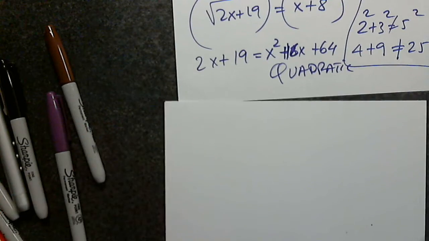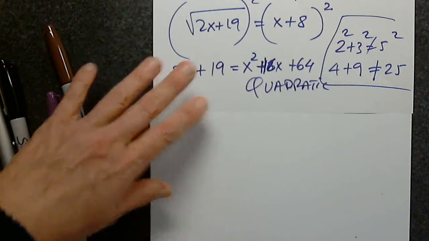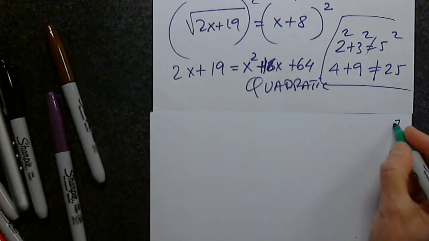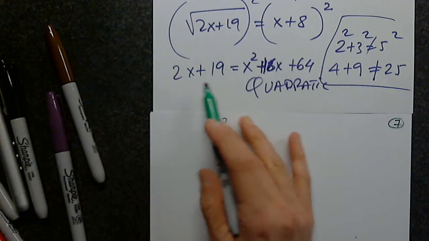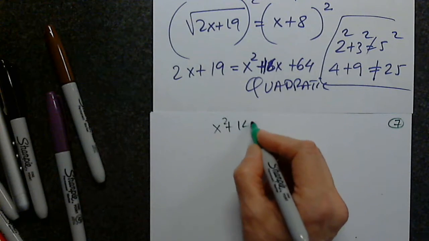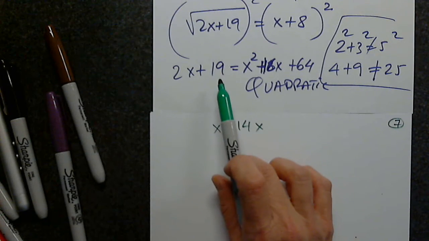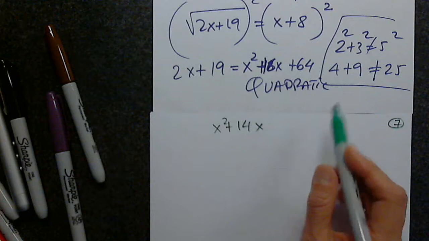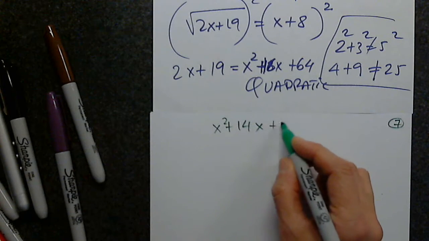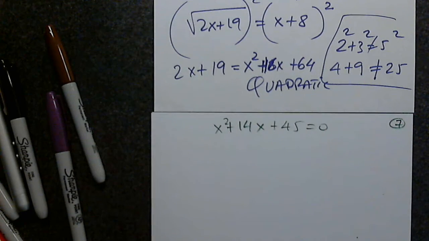Set it equal to 0. Yes. So please remember x squared, we are subtracting 2x and we are subtracting 19. So 64 minus 19 is 45? Correct me if I'm wrong.